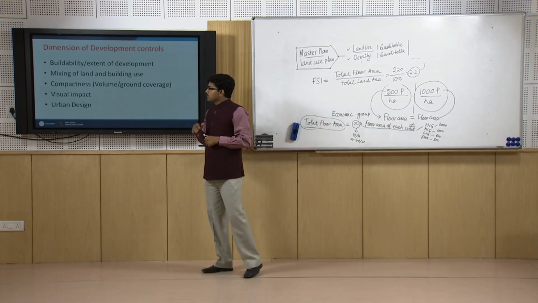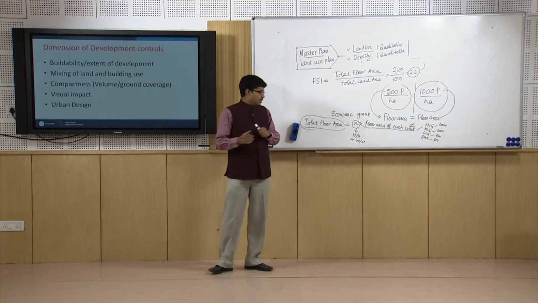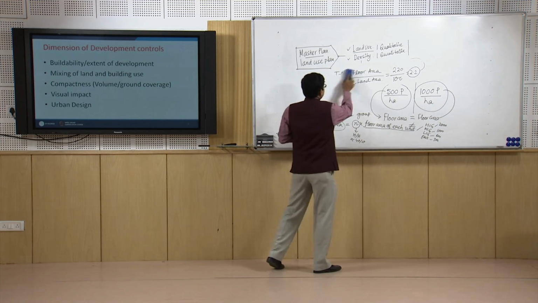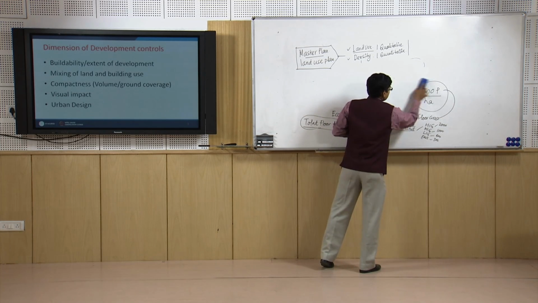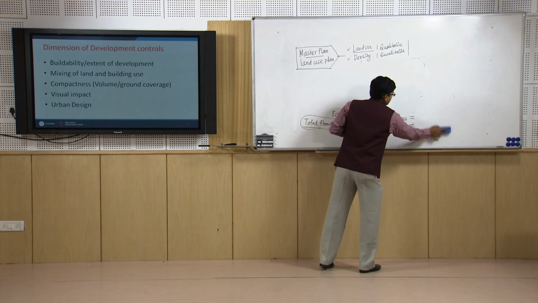The next part is the mixing of land and building use. Now, in a given land, there could be various kinds of mixing in the site and also within the building.